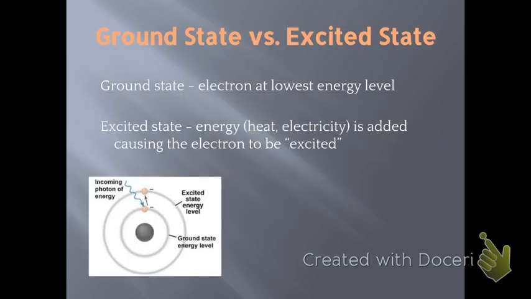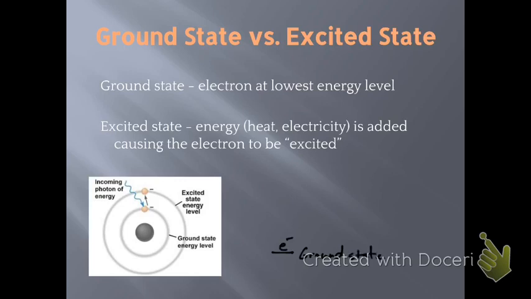All right, so now let's talk about ground state versus excited state. An electron at a ground state is an electron that is basically not excited. It has its lowest amount of energy, and so we call this a ground state. So let's just imagine I have an electron hanging out here at ground state.